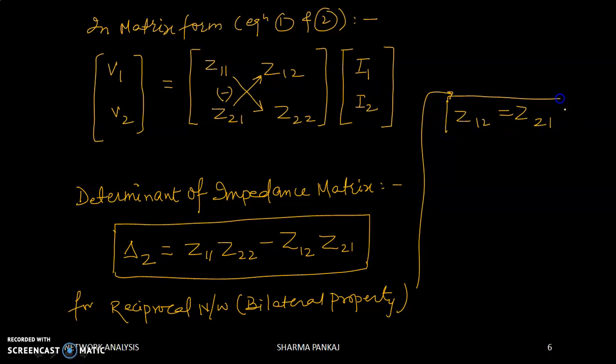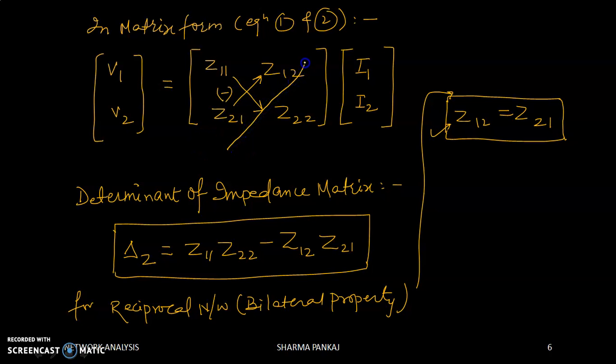Make a note that as far as a two-port network is concerned, for a reciprocal network or bilateral property, the value of Z12 must be equal to Z21, or in other words, these off-diagonal elements must be equal.